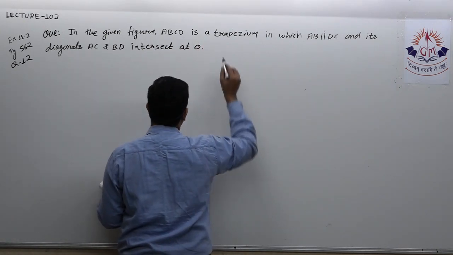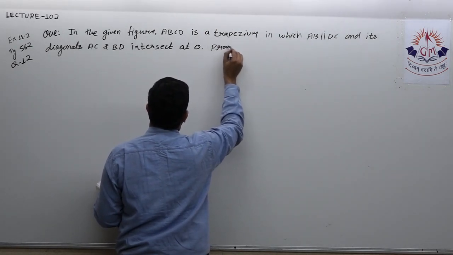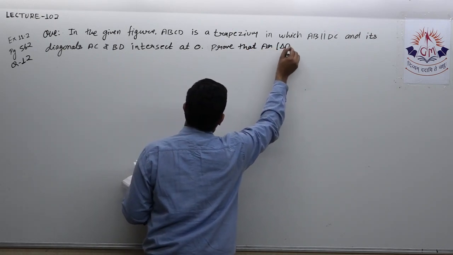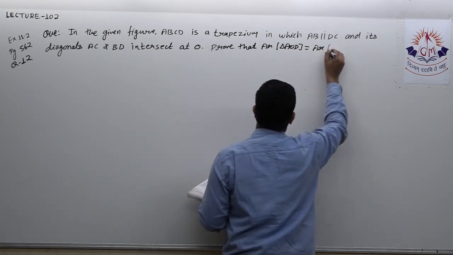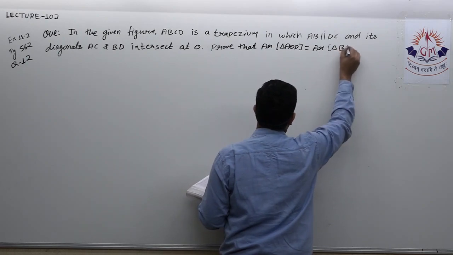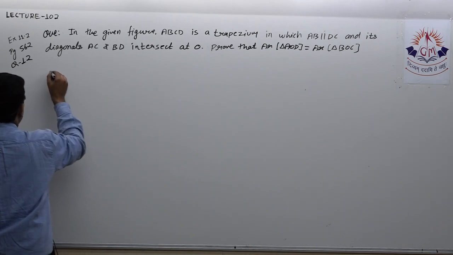Prove that area triangle AOD is equal to area triangle BOC. So a trapezium is given.